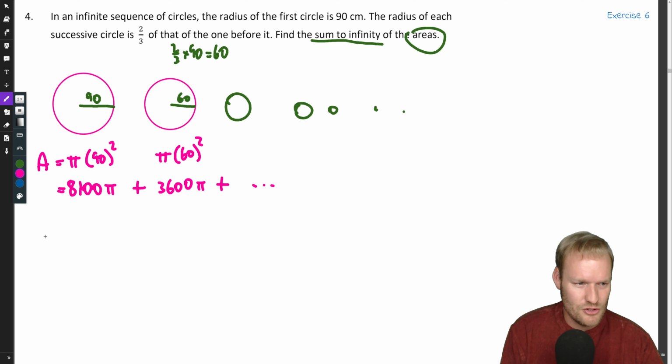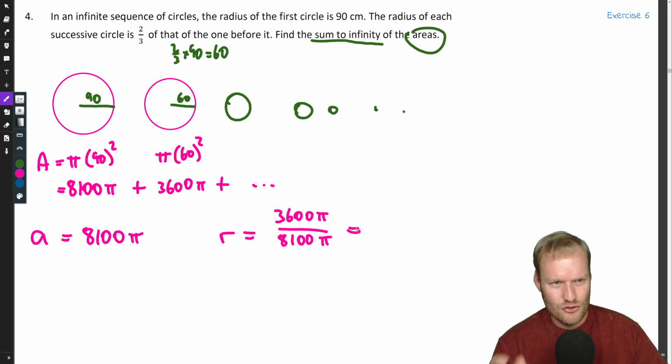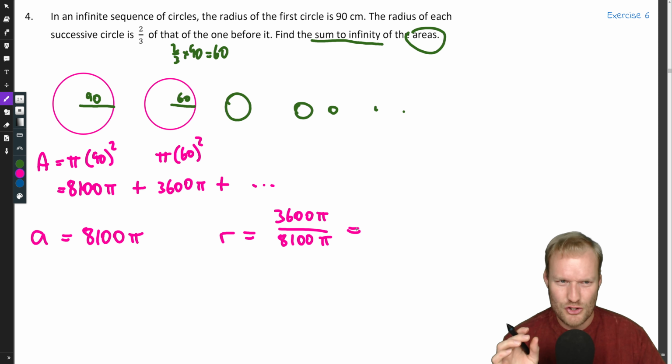So let's work out our first term, little a, which is 8,100 pi. Our ratio is the second term divided by the first term. Now, before you punch all that in, just think what are you expecting to get here?